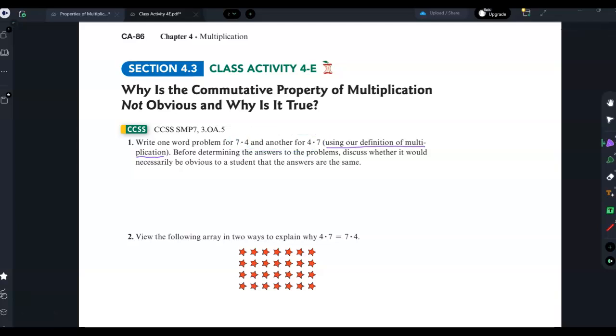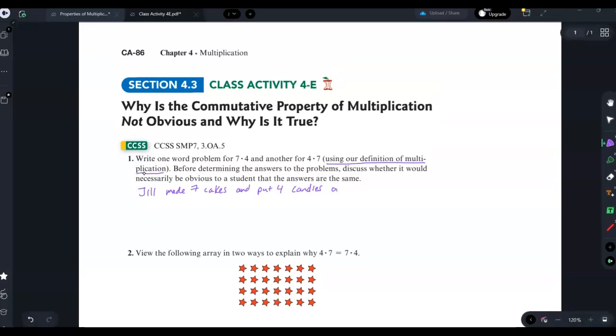So I'll talk about what I used. This is what I came up with. I just said Jill made 7 cakes and put 4 candles on each cake. And so I could ask, how many candles does she need?